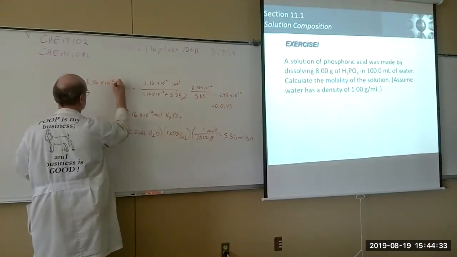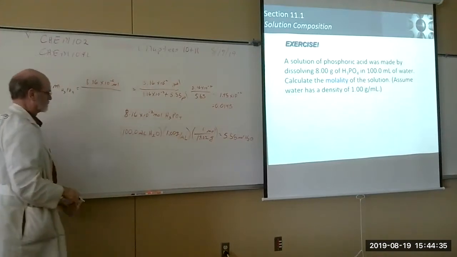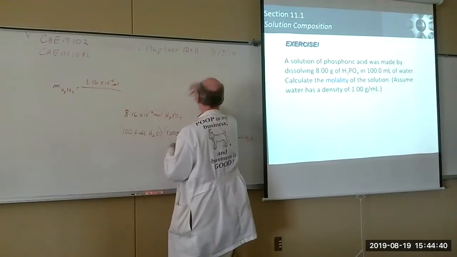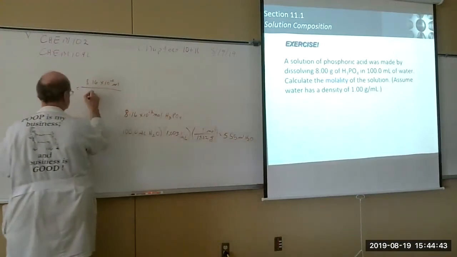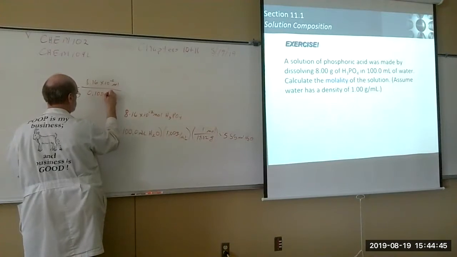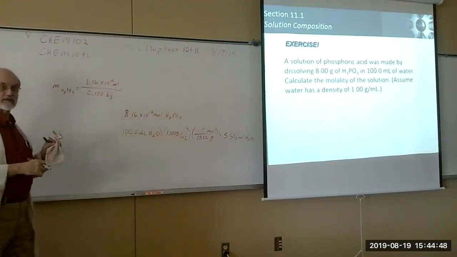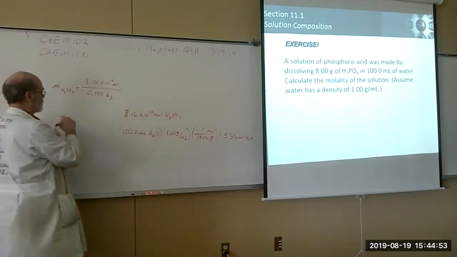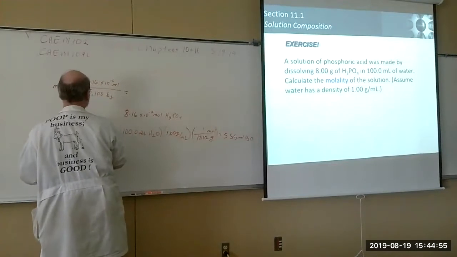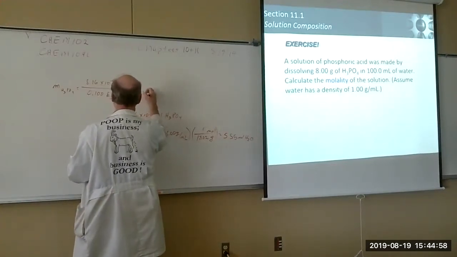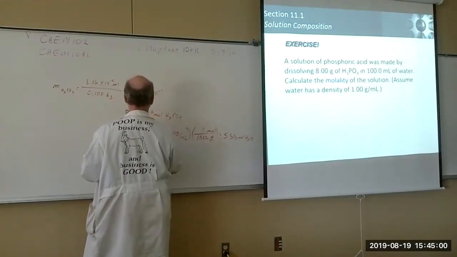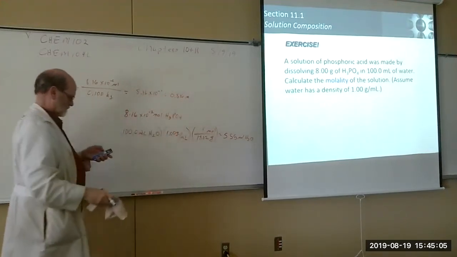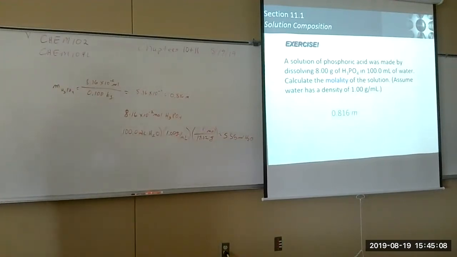That's 2 moles. Now we need kilograms of water. How many kilograms is 100 grams? 0.1 kilograms, right? 3 places? 1, 2, 3. So we divide that into it, and we get 8.16 times 10 to the minus 1, or 0.816 molality, I think.